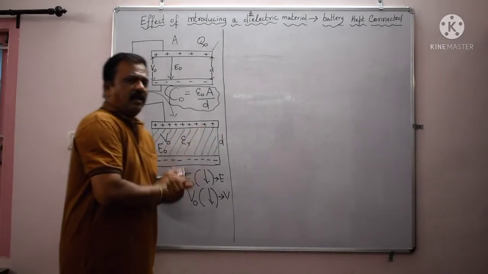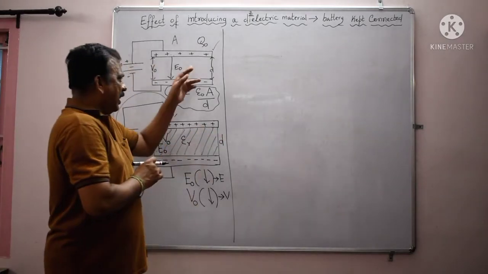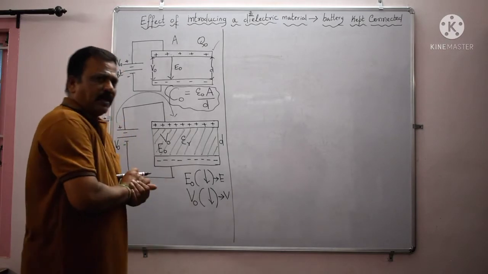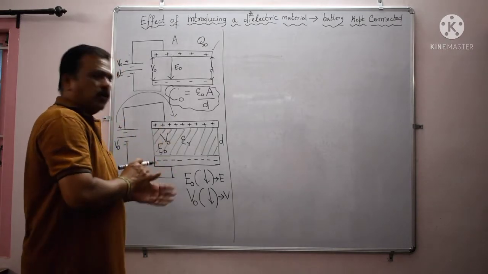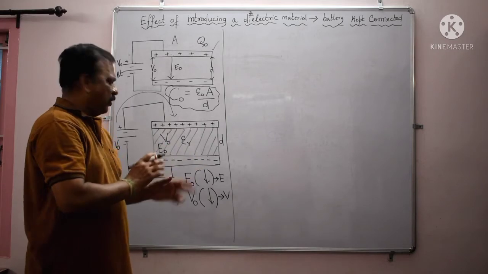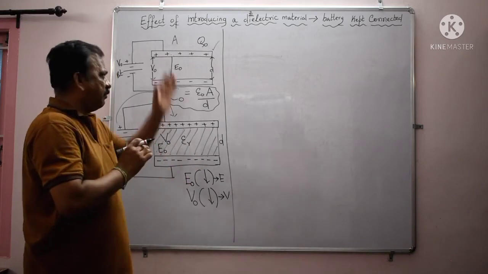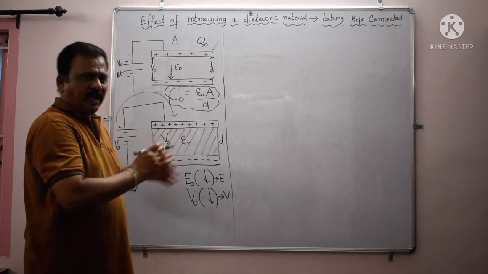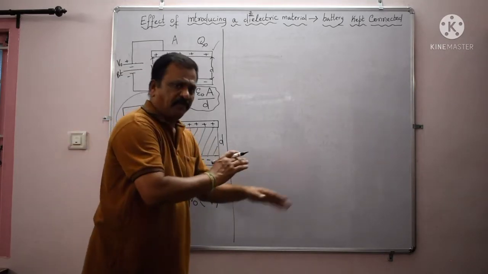So what is the net result? If we introduce the dielectric and keep the battery connected, the electric field between the two plates does not change. It will remain the same E0 as before. Potential difference between the two plates will not change. It will remain V0 as before.